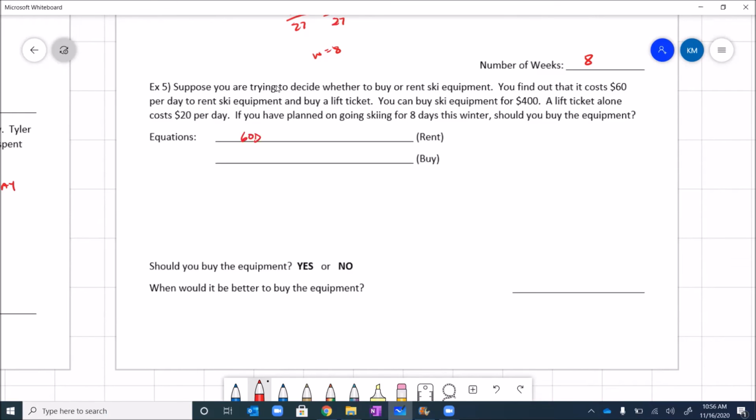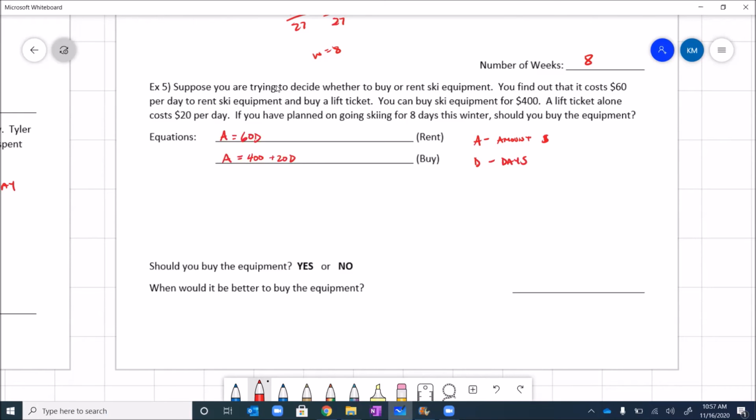You can buy ski equipment for $400 and the lift ticket costs $20 per day. All right, so here we go. The amount of money. So A stands for the amount of money that you're going to spend. And D stands for the days.